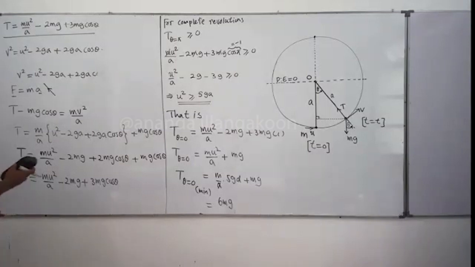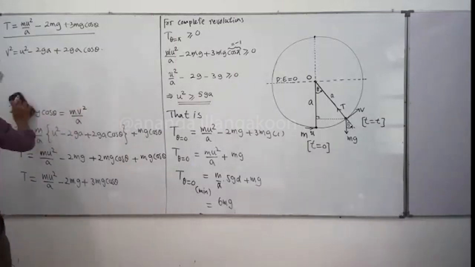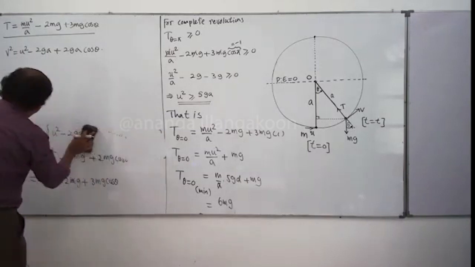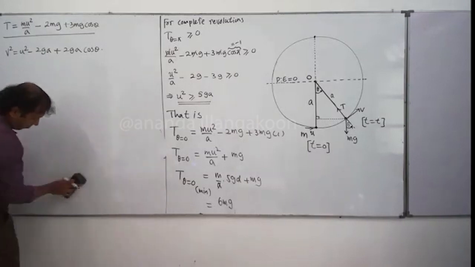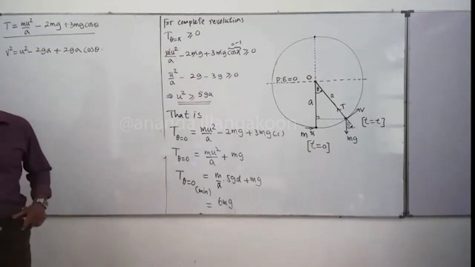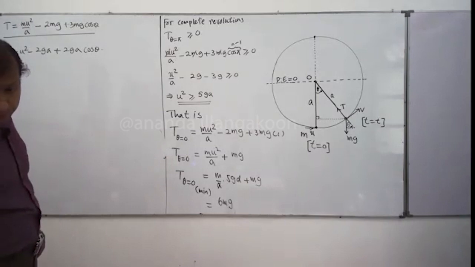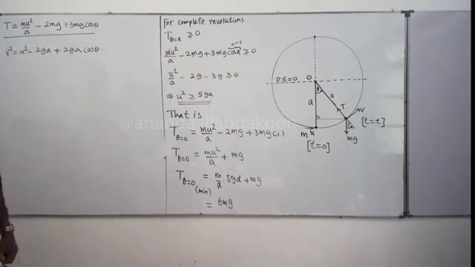We are given here u squared equals 7ga by 2.